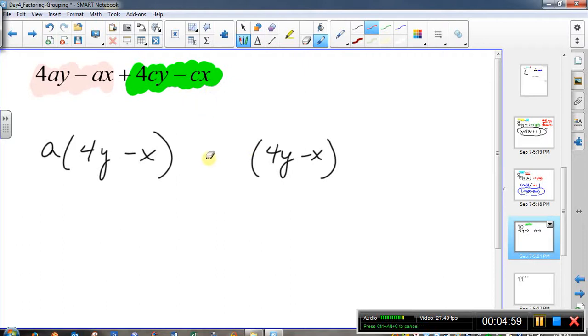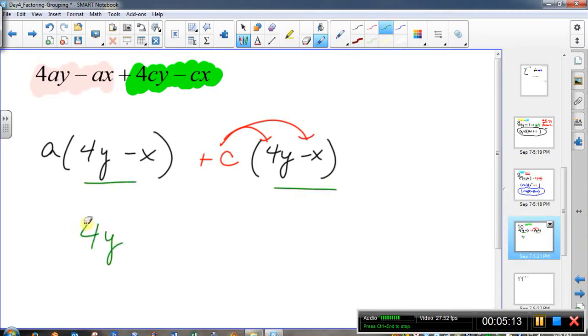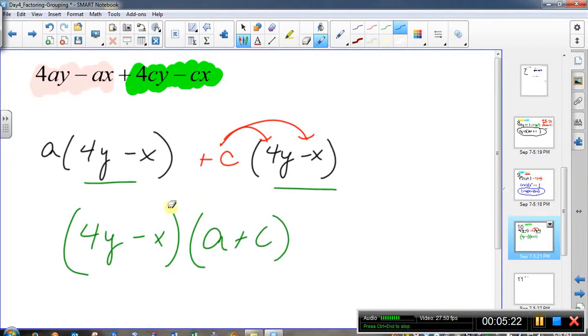Well, I need a plus c here. When I distribute that, that'll get me to plus 4cy. When I distribute this, I get a minus cx, so that's all good. Notice that I have the two binomials in parentheses for y minus x, so they come out front as something in common, and that leaves me with an a plus c as far as the big parentheses are concerned.